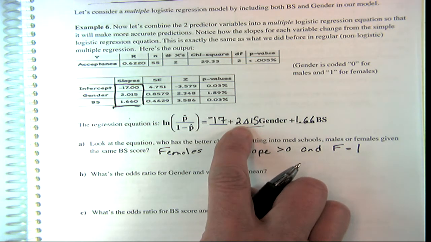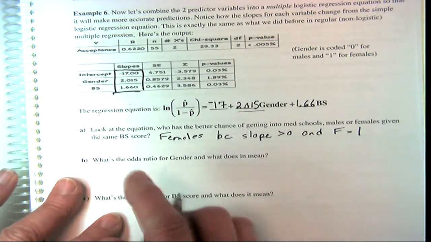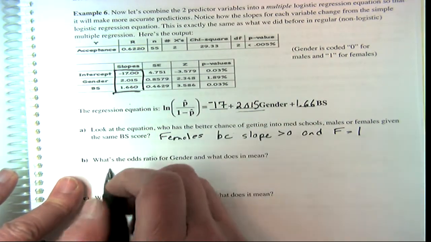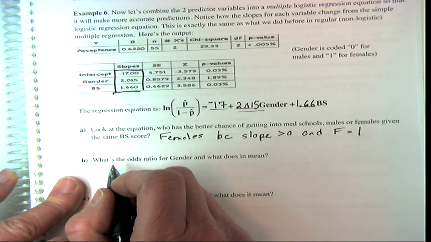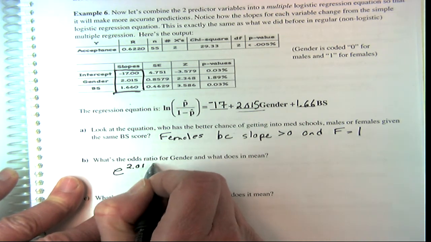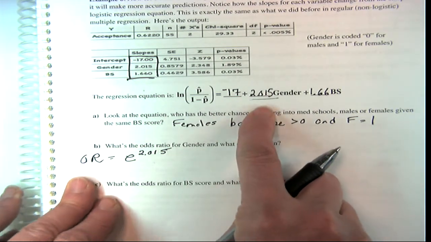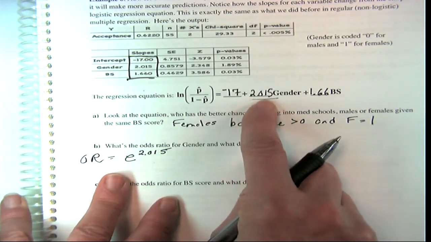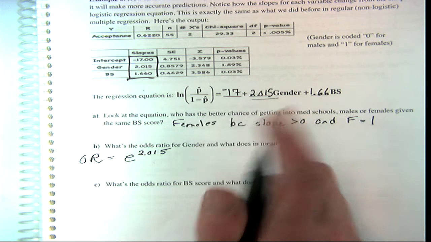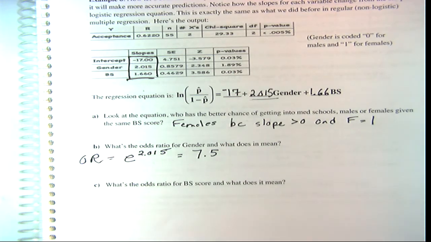It's the odds ratio, which compares the odds of females to males. So what's the odds ratio? The odds ratio for gender is e to the 2.015, e to the slope in front of gender, and that's approximately 7.5.